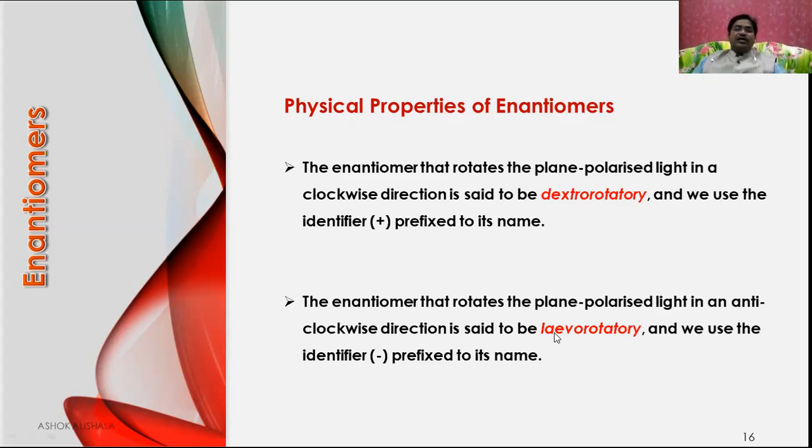L means levorotatory, D means dextrorotatory. In this way, of the two enantiomers, one is said to be dextrorotatory or D form, and the other is levorotatory or L form, or in another way, one is the plus form and the other is the minus form.